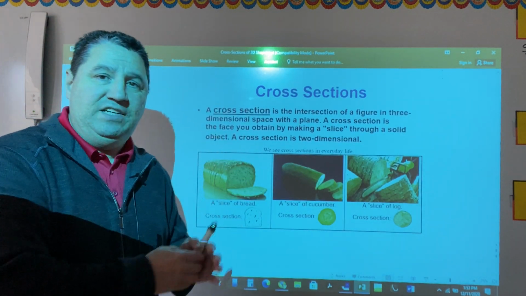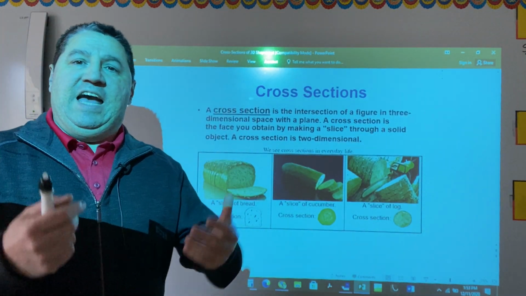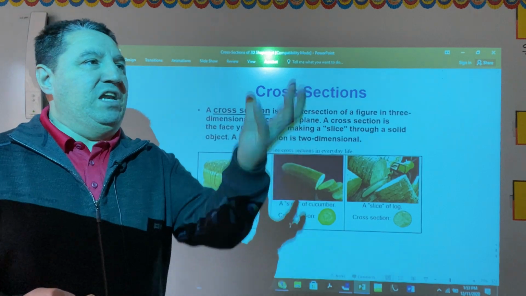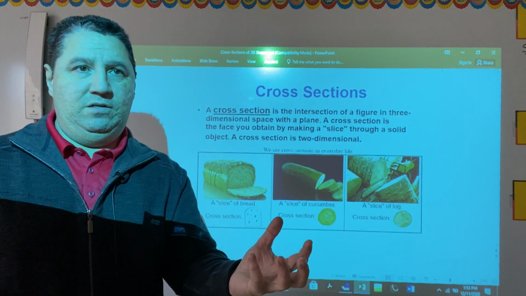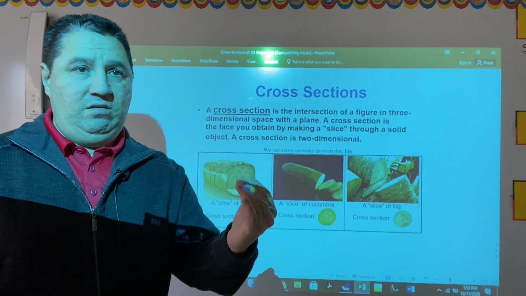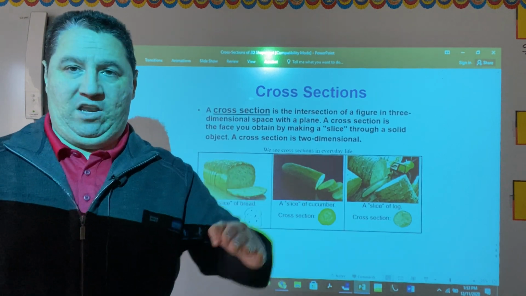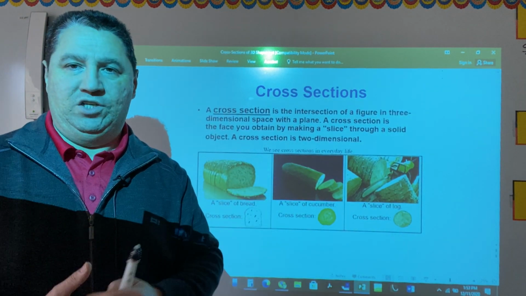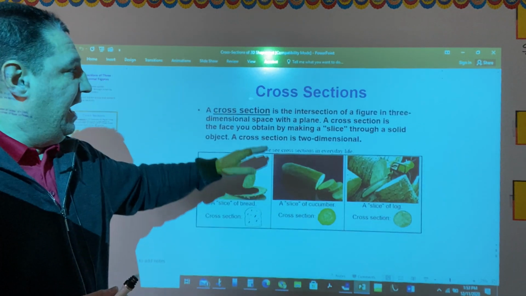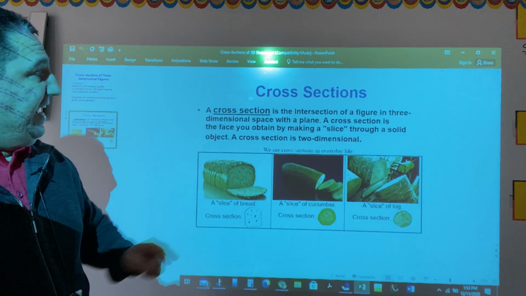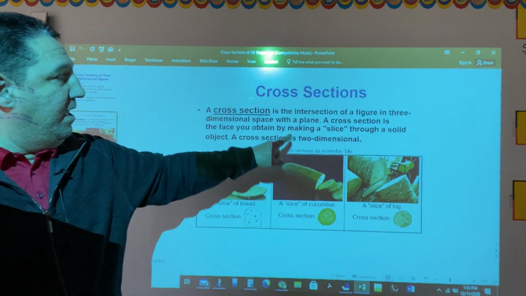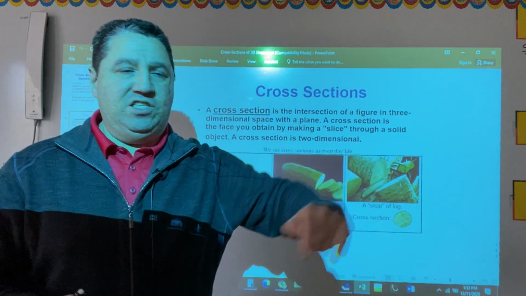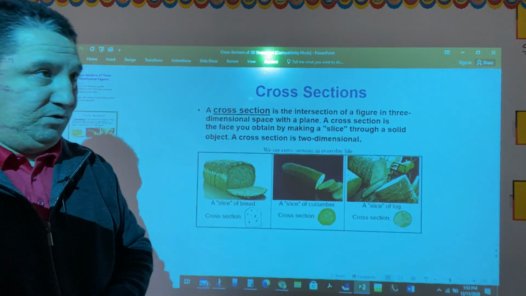A cross section is the intersection between a solid or three-dimensional figure and a plane or two-dimensional shape. A cross section is the face that we obtain by making a slice through a solid object.